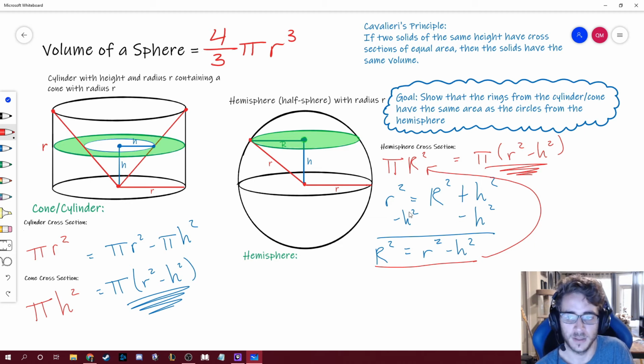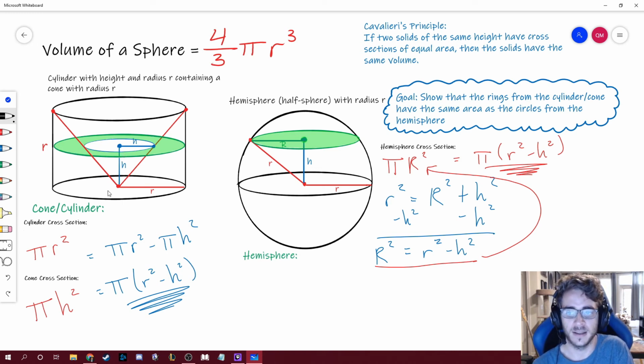The two solids in question are a cylinder that has this cone cut out of it, because we're only doing the rings, and a hemisphere, which is a half sphere. Since we've studied this earlier, we know that a cone takes up a third of the cylinder.